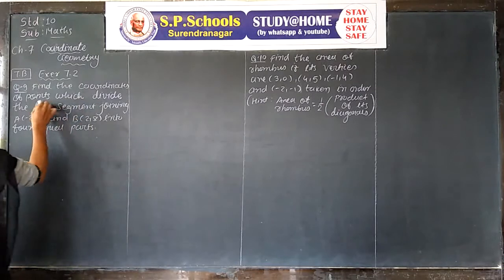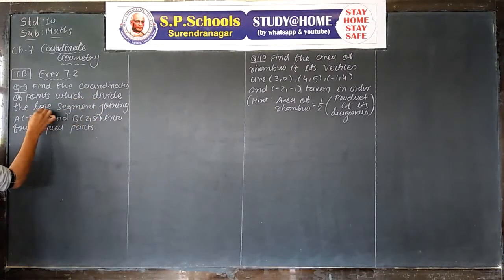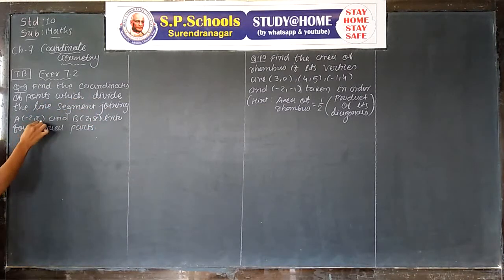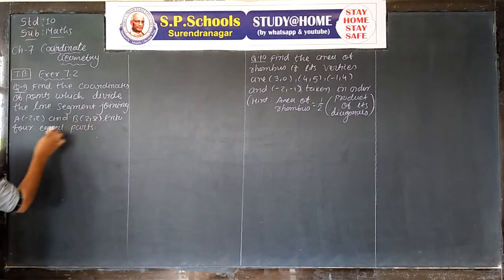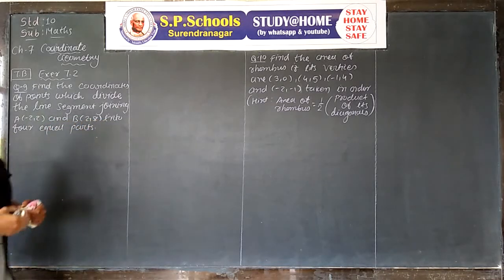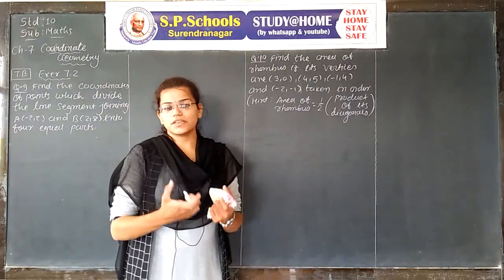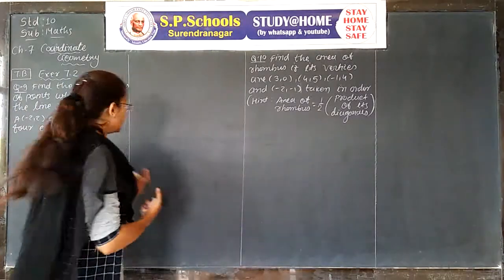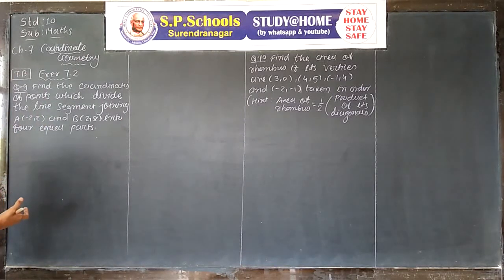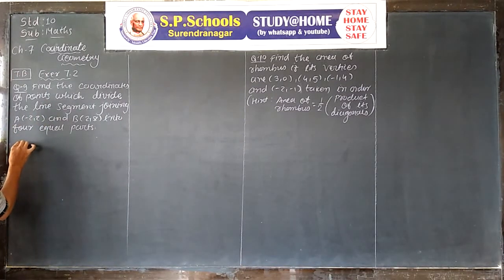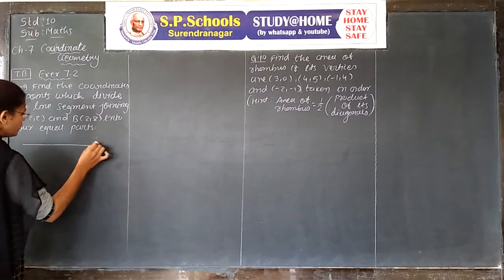Find the coordinates of the points which divide the line segment joining A(-2, 2) and B(2, 8) into 4 equal parts. As we know, for trisection, 3 equal sections means in the middle there are 2 points, but here 4 equal parts means in between there are 3 points required.